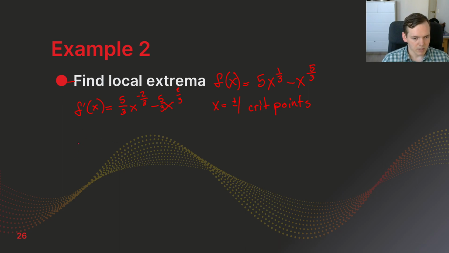And now we can pick and plug in values. So f prime of a number less than -1, let's say -2, is going to go in here, and if we're dividing by -2, that's going to make this one bigger. So it's going to be, sorry, no, it's going to make this one bigger, so that's going to be negative. f prime of 0 is not going to work because I can't plug it in here.